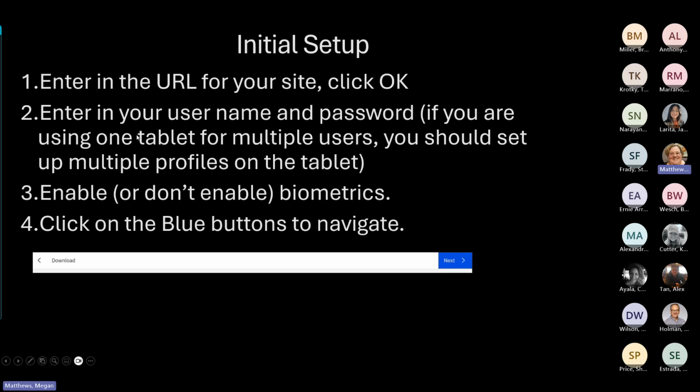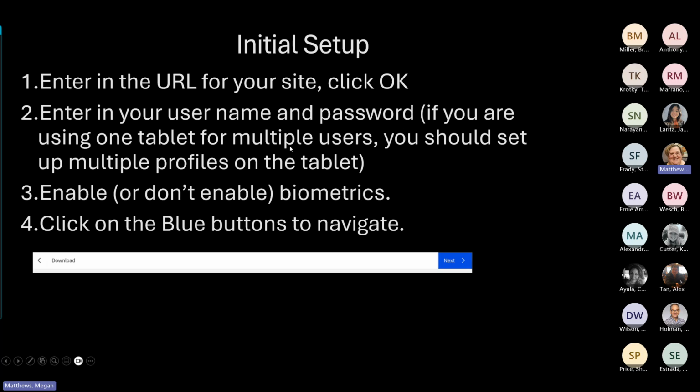So when you get into Maximo, you're going to click the URL for your site, enter your username and password. There is the ability to set up multiple profiles on the tablet so that you can have multiple people using a single tablet. One thing we found out is it's not easy to change the username and password in the application itself.